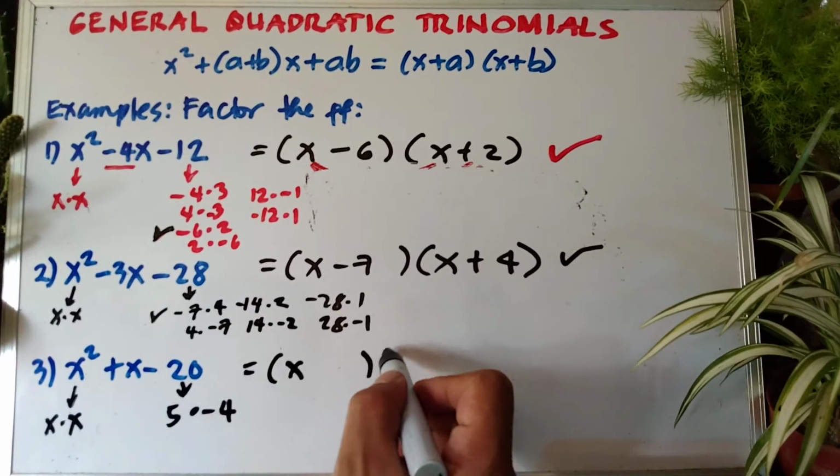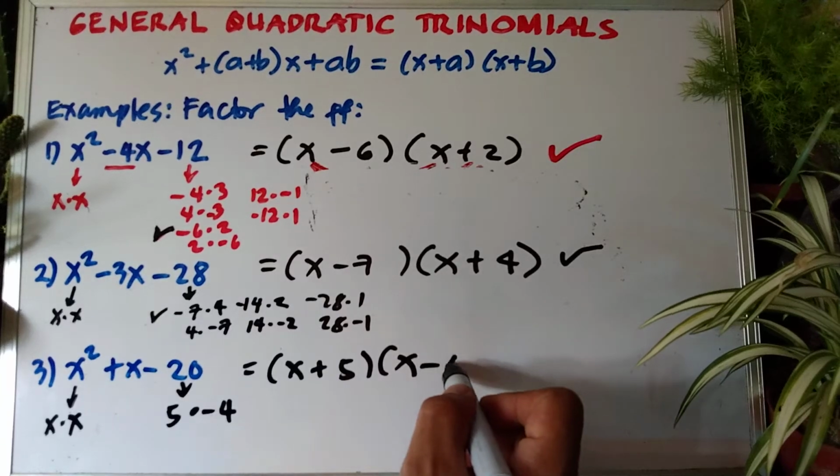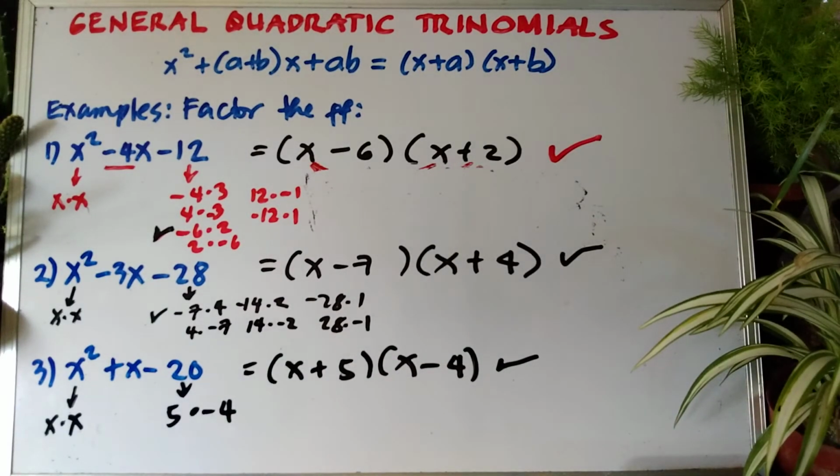You have x, you copy, then plus 5, then minus 4. Okay? Madali lang, ano? Madali lang talaga ito kapag yung leading coefficient natin is 1. Okay? Simple lang siya kasi 1.